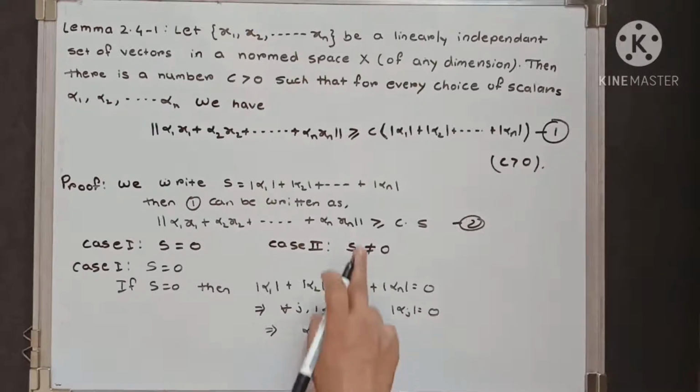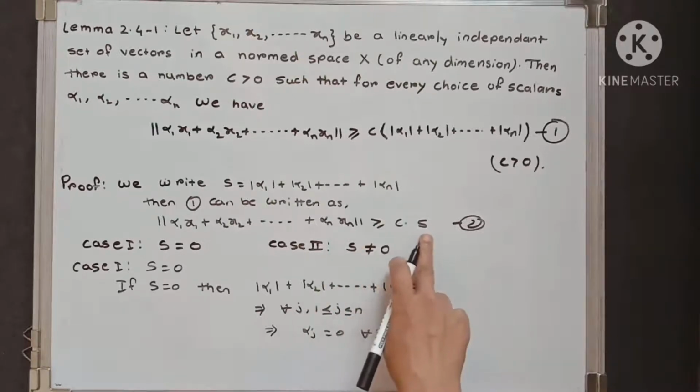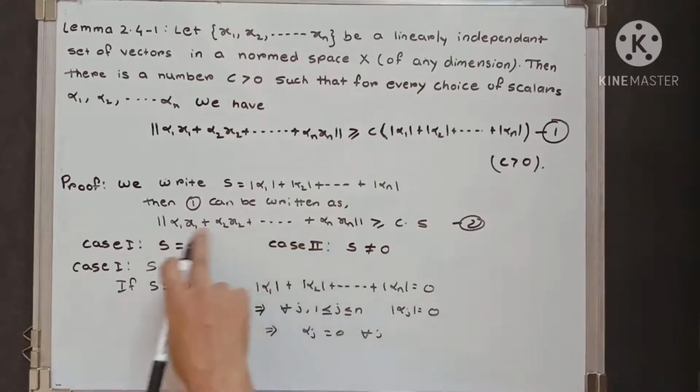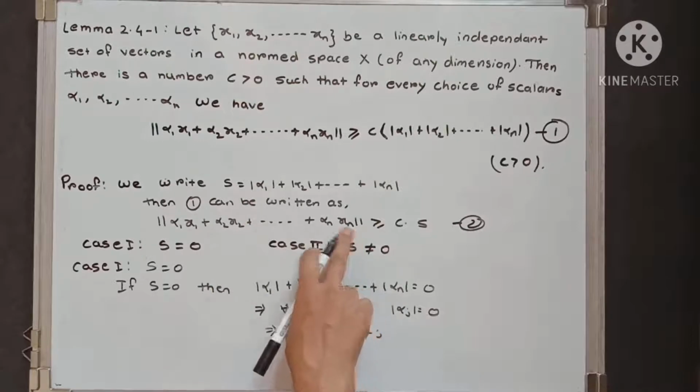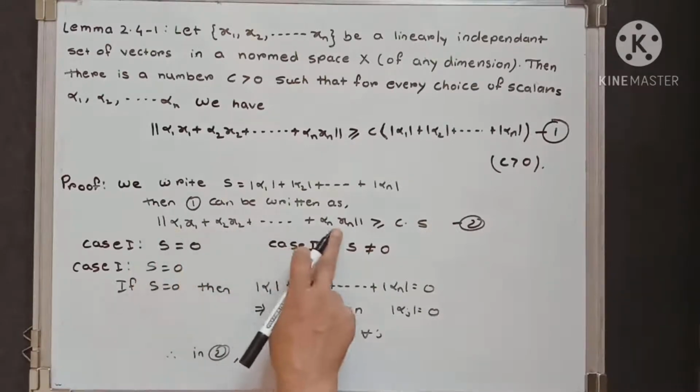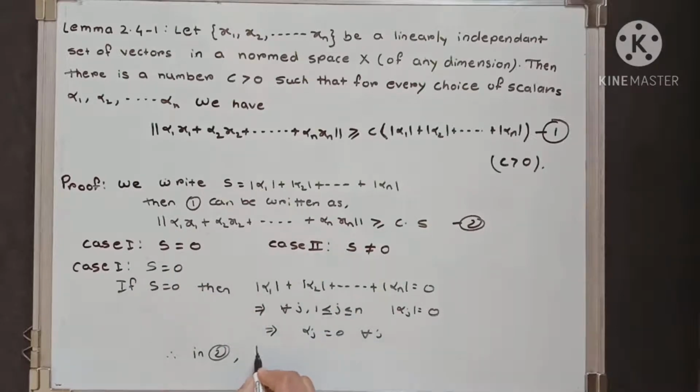It means that in equation 1 this s is also 0, and all the alpha 1, alpha 2 up to alpha n are 0. Therefore in equation 2, all the alpha j's are 0, which implies that the norm of alpha 1 x1 plus alpha 2 x2 up to alpha n xn becomes 0, because all the alpha j's are 0.